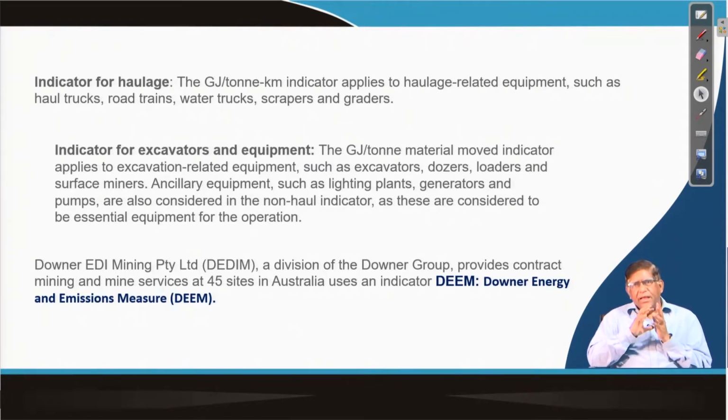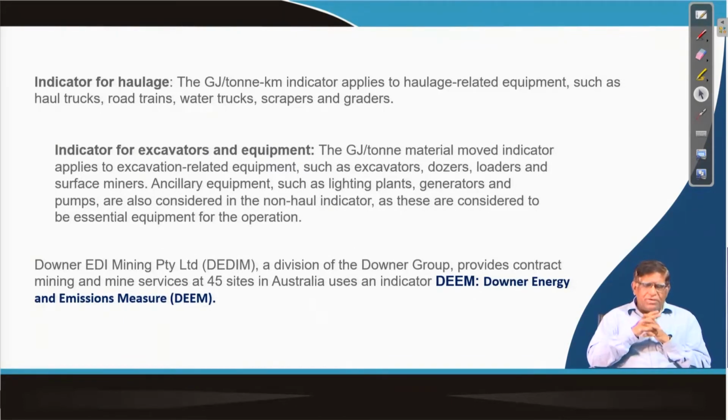It can be applied to other equipment also, like excavators, dozers, loaders and surface miners. So, this indicator gives an idea about how exactly the machines are being used along with your dumpers.